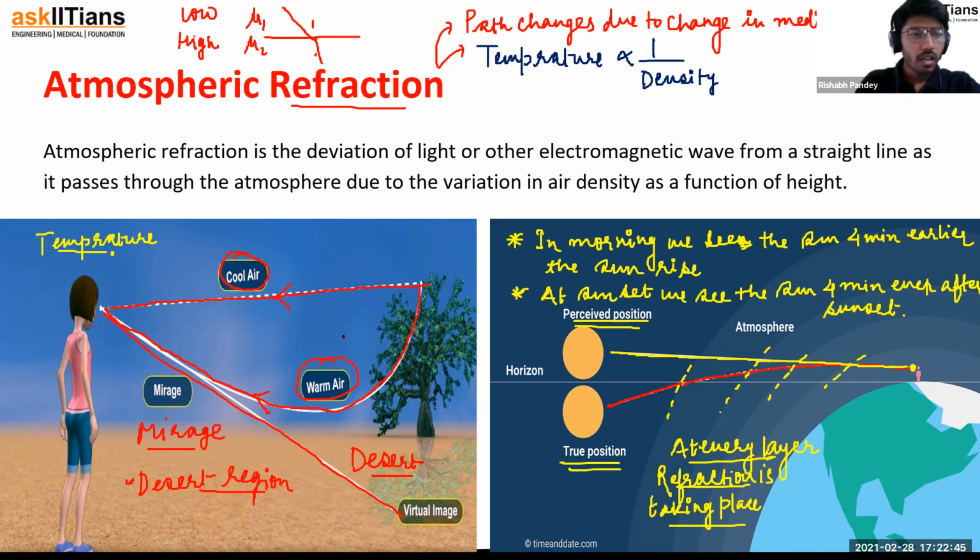Due to change in temperature, there will be a change in density, and thus we see a mirage in various locations. In the desert, you can obviously see that. And many travelers who are traveling in the desert feel like, oh, there's an oasis being formed over there. But actually, there's no oasis. Why? Because it's a kind of mirage again. Are you getting this? Probably.